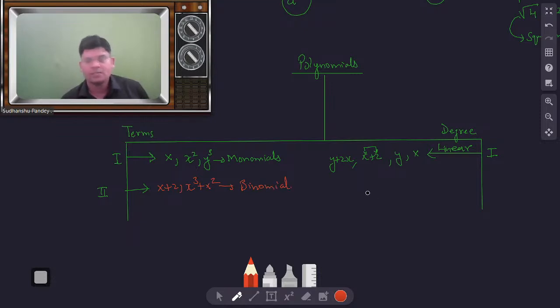And if the degree of the polynomial is 2, then it is known as quadratic. I am giving an example. So x square plus 2x plus 3. This is an example of quadratic because the highest power is 2. Another example I can write y square plus 3. Alright?